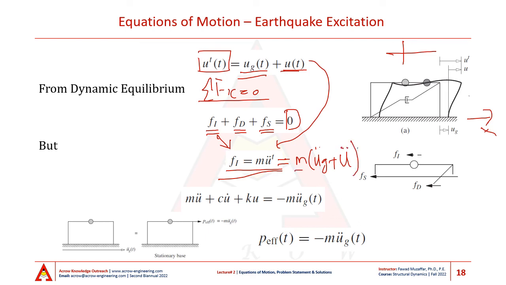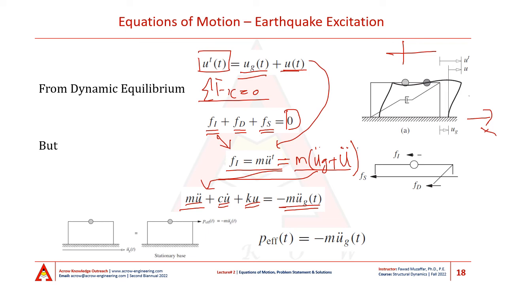When I expand this, I get mass times u double dot plus c times u dot plus k times u is equal to minus mass times ug double dot.